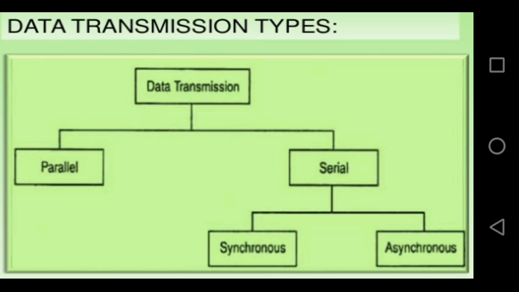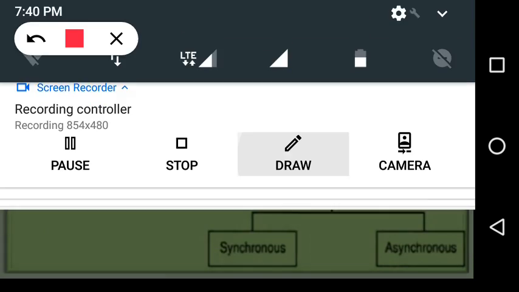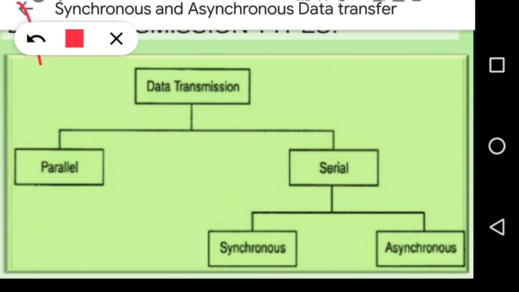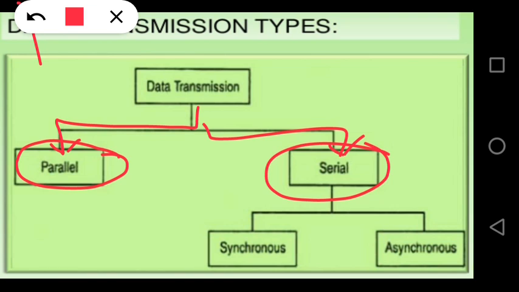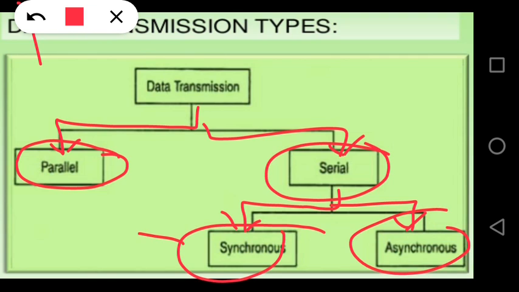Next we see the data transfer types. Data transfer can happen in two ways, that is parallel data transmission and serial data transmission. Serial data transmission is again divided into two, that is synchronous and asynchronous. So we are dealing with this one. So our topic is synchronous and asynchronous data transfer, both are called serial data transfer.